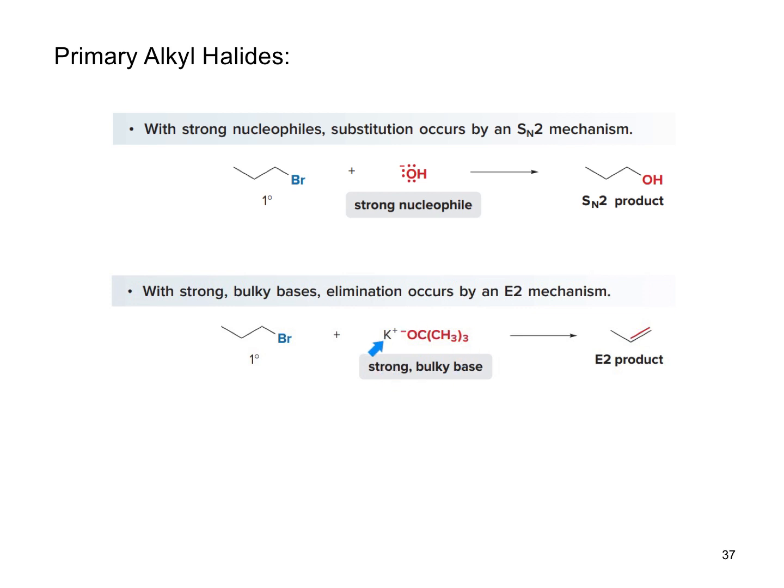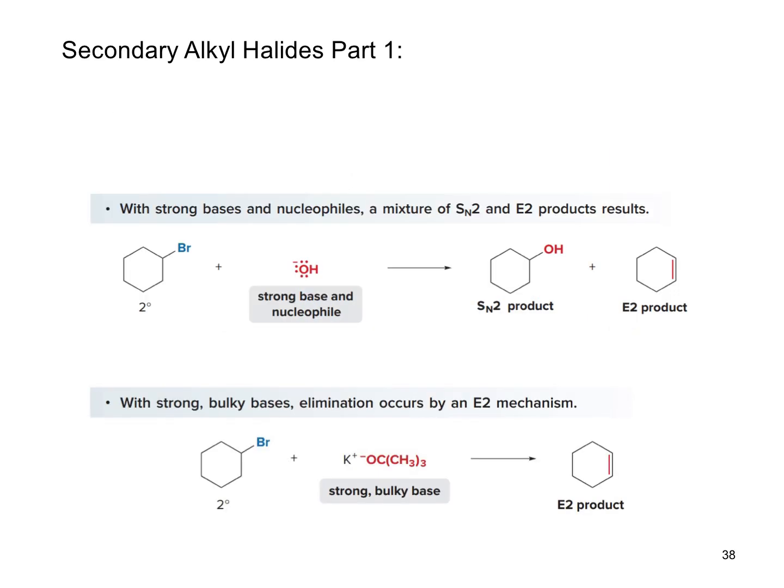So if we've got a really strong bulky base, we tend to end up with an E2 product there. Then with secondary alkyl halides, if you have a strong base and a nucleophile, you get a mixture of SN2 and E2 products. And then with a bulky base that's strong, you get elimination via an E2 mechanism. So there's an example there.